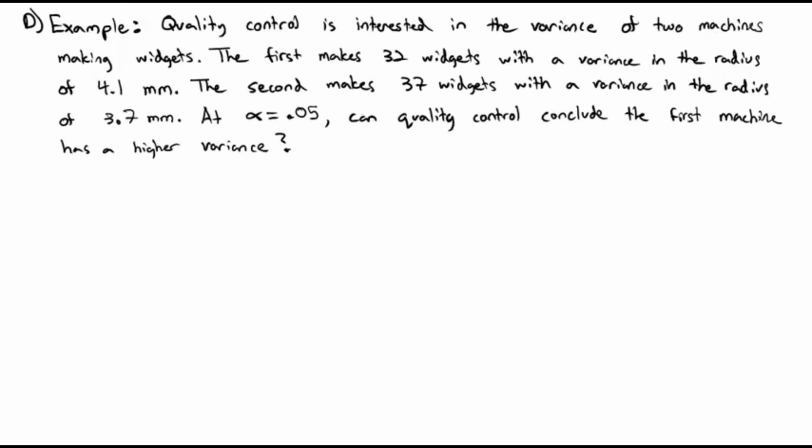We'll start by setting up our null and alternative hypothesis, like always. The null hypothesis always has equality, so we're assuming with our null hypothesis that the variance of the first machine is equal to the variance of the second machine. The alternative hypothesis is that the variance of the first machine is greater, because we want the first machine to be higher than the variance of the second machine.